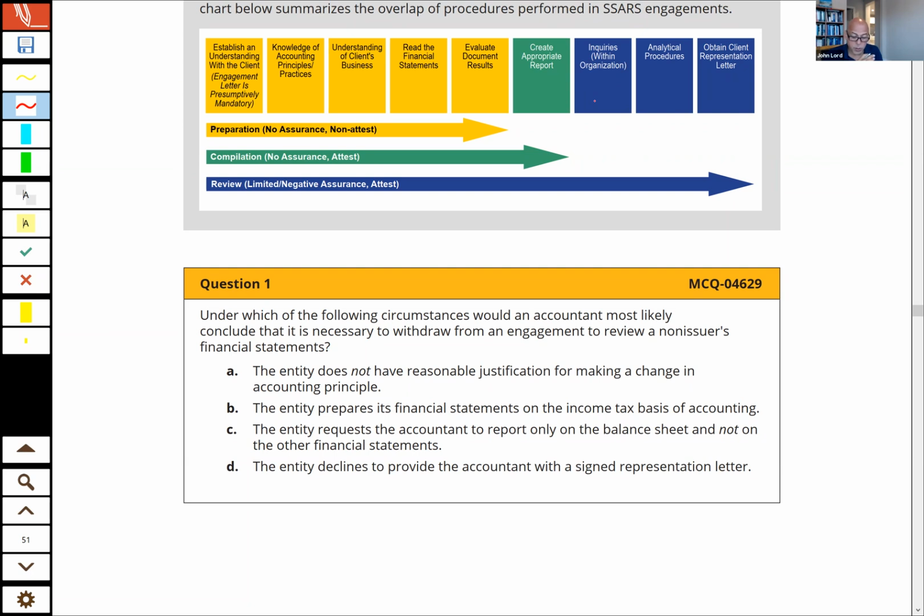Would you withdraw, or do you have another option? Well, is an entity supposed to have a reasonable justification for a change in accounting principle? Yes. Okay, so they're required to do so under generally accepted accounting principles.